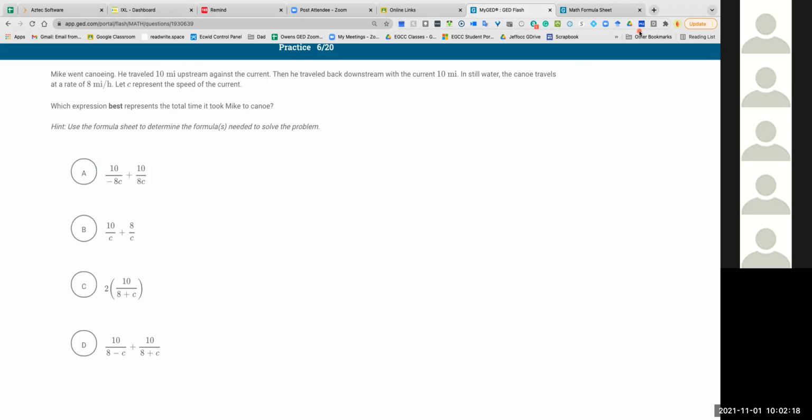Okay, so we get rid of all this and we think upstream. That is Mike canoeing against the river, which sounds terrible. You should float down the river, Mike. So here's the rule. Distance goes on top, rate goes on the bottom. Now there is something on the formula sheet that has a distance formula, but it doesn't write it this way.